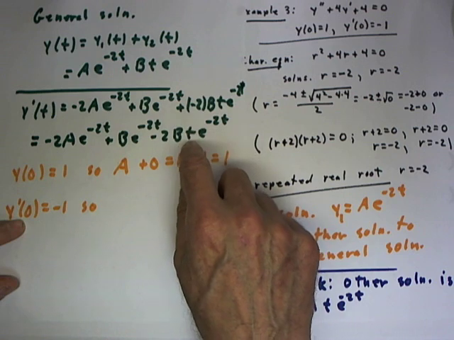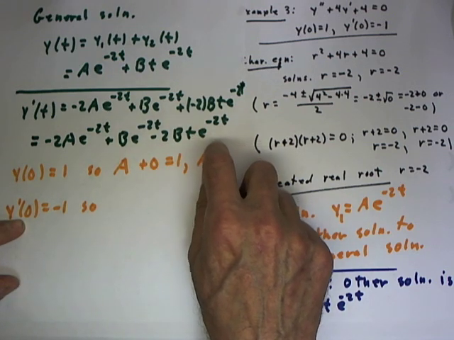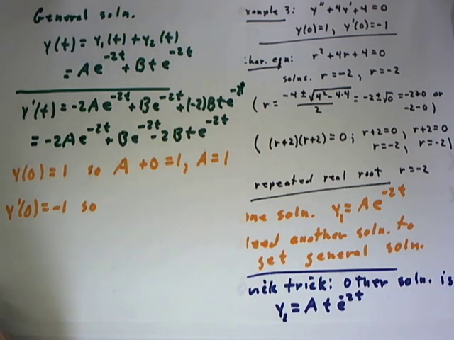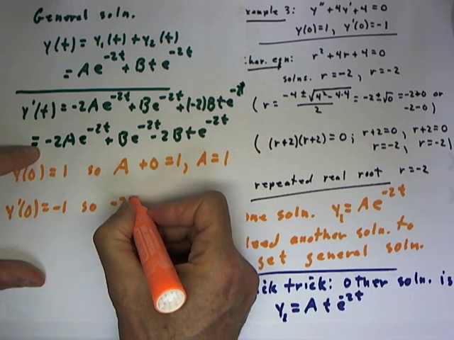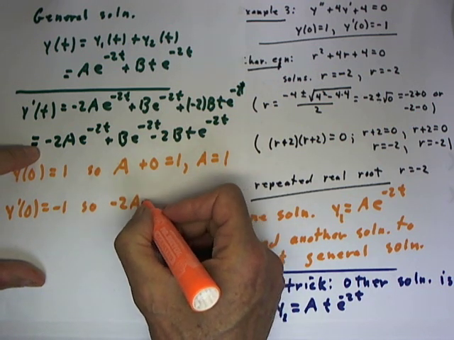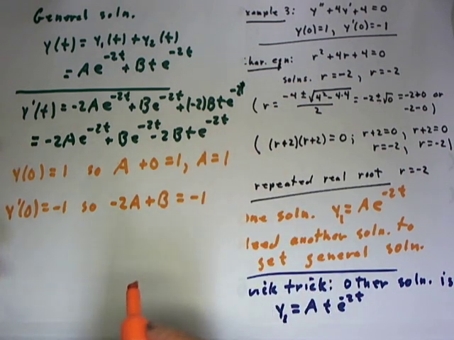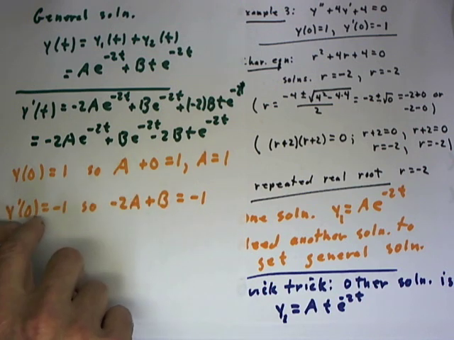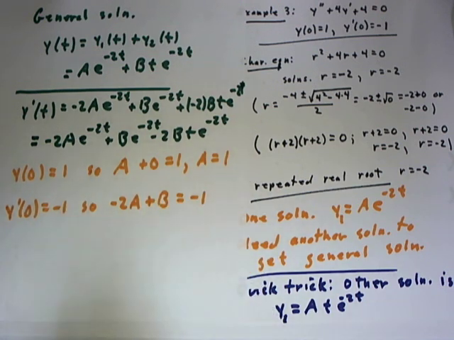This term is going to be 0 because 0 substituted for t gives us 0 in this term. So we're only left with these 2 terms, and we pretty easily see that the equation we get is negative 2a plus b equals negative 1. Y prime of 0 is negative 2a plus b, just substituting 0 for all the t's, and that's equal to negative 1.